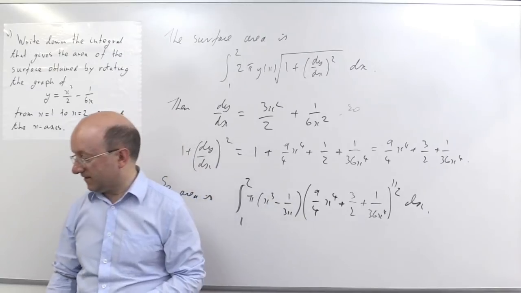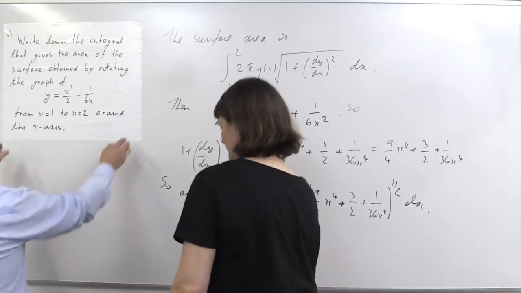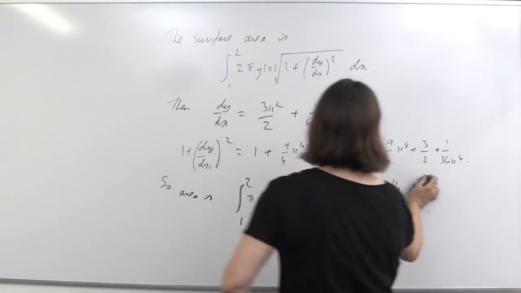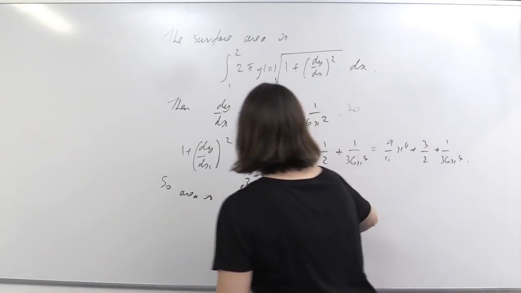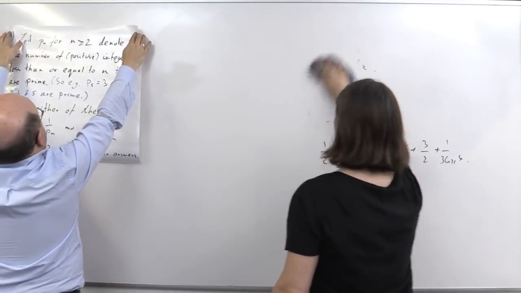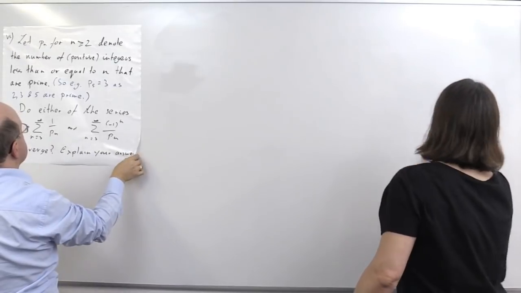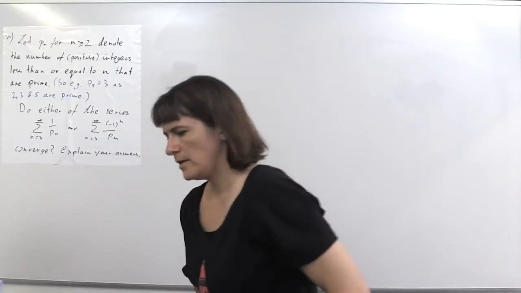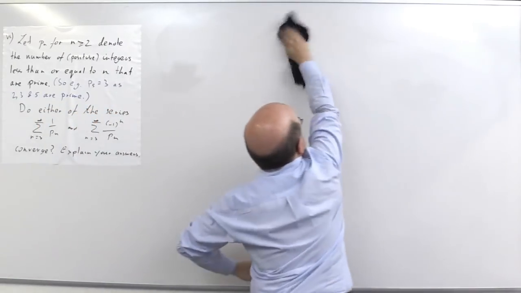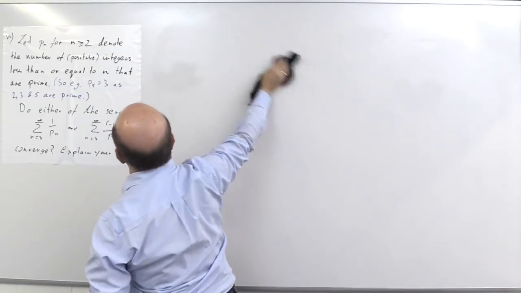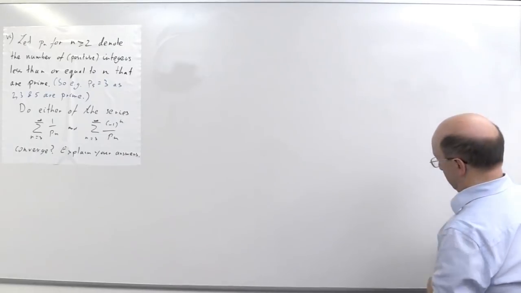Okay. That's that one. Final part. Now, earlier Catherine complained about a discrete mathematician being asked to do some calculus.